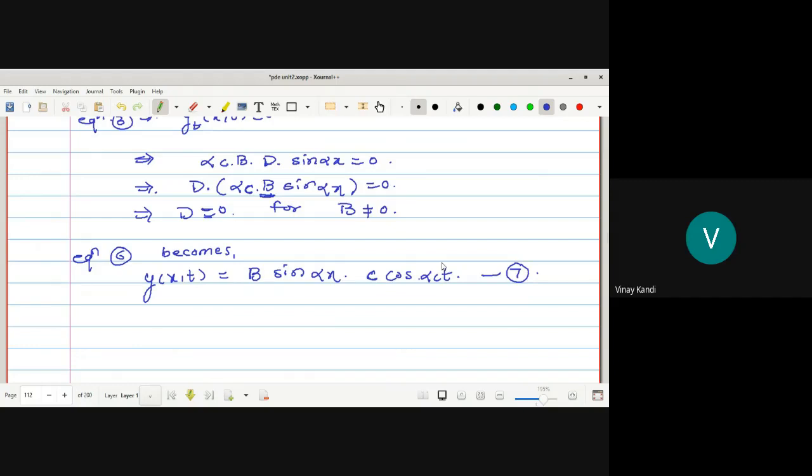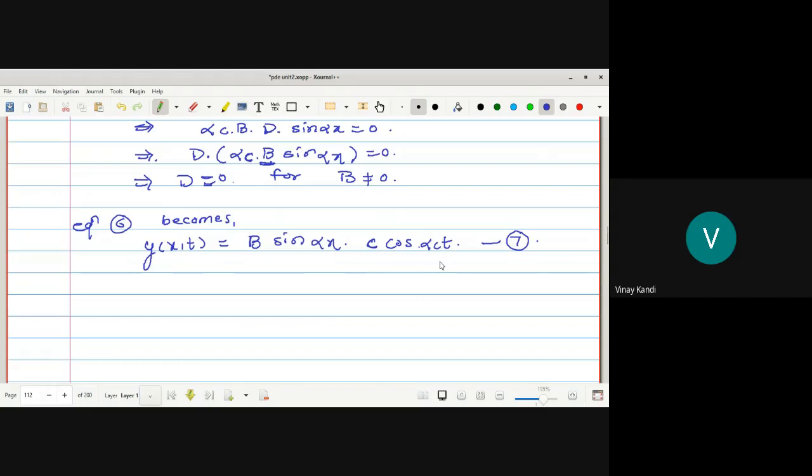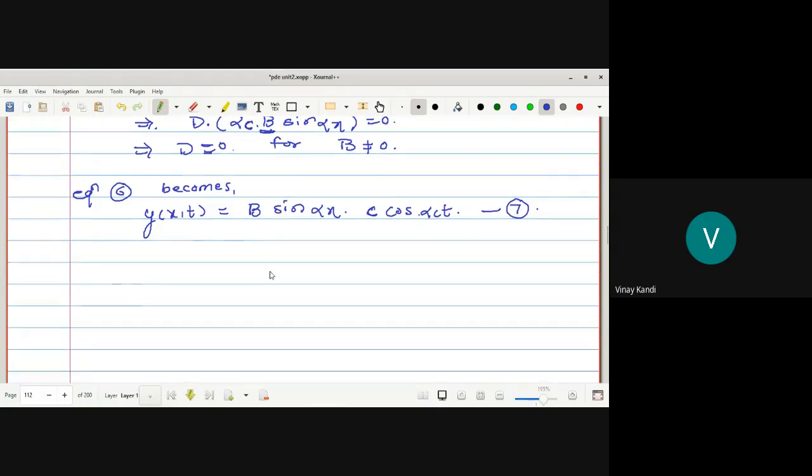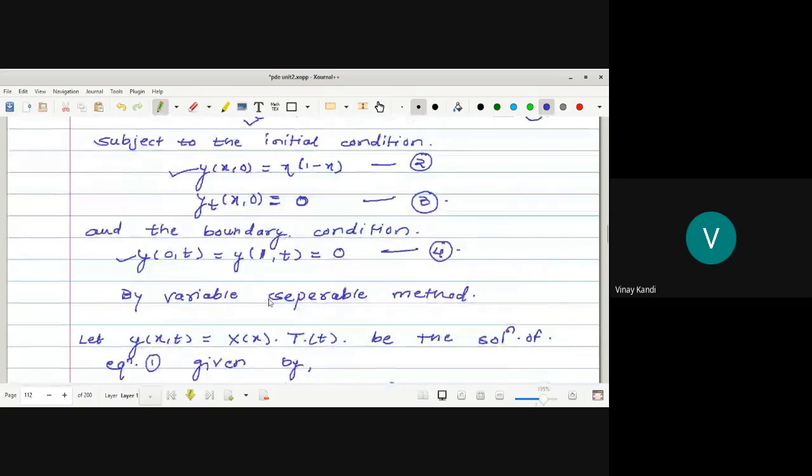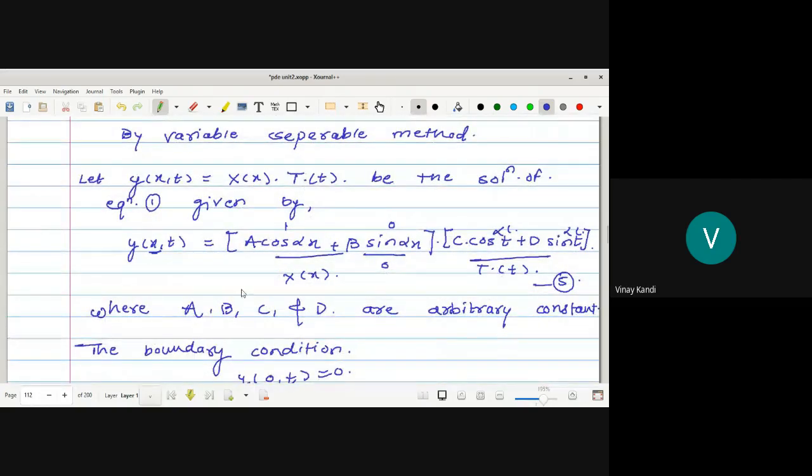Now use the boundary condition: y of 1 and t is equal to 0 gives... Okay, do you understand what we are doing? We have the solution. Now you have got the solution: y of x is equal to X of x into T of t. This is your complete equation number 5.